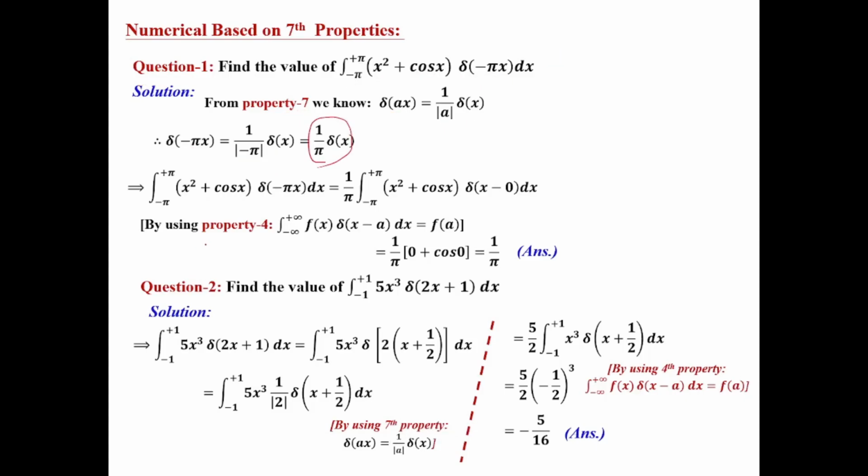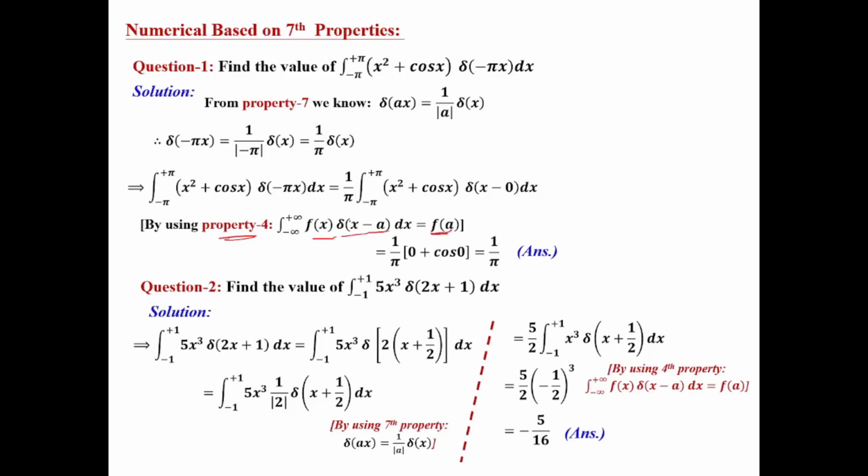So instead of delta of minus pi x, I put 1 by pi, taken outside of the integration, and the integral from minus infinity to plus infinity of x square plus cos x times delta of x, which we can write as delta of x minus 0. Then we have to use property number 4: the integral of f(x) delta of x minus a is f of a.